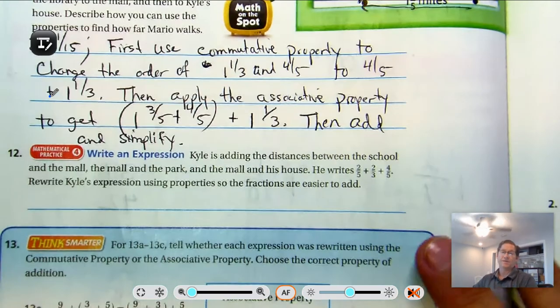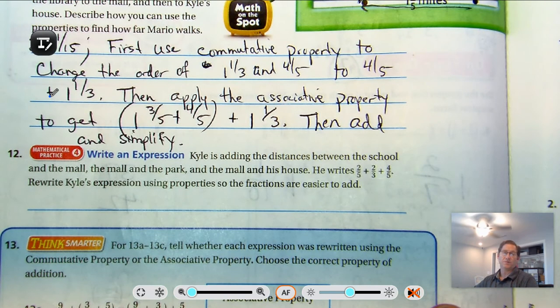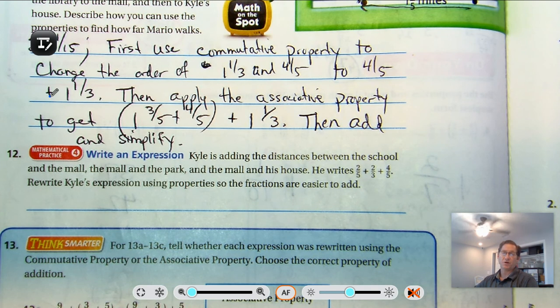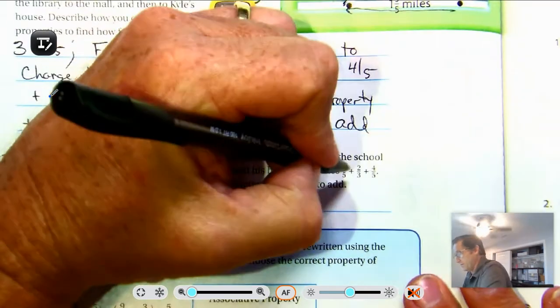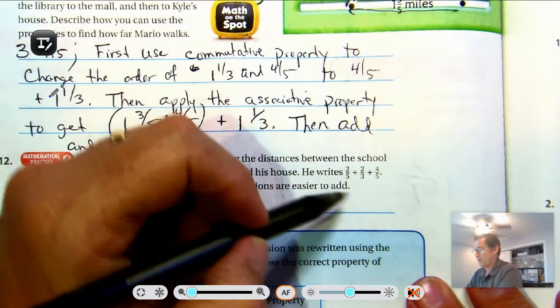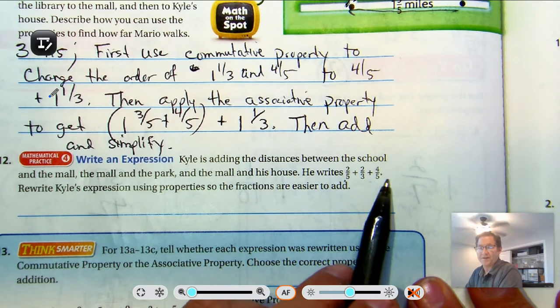All right, number 12. Kyle is adding distances between the school and the mall and the park, and the mall and his house. He writes 2/5 plus 2/3 plus 4/5. Rewrite his expression using properties so the fractions are easier to add. Okay, so if this is what he has right now, well, we want to add the fifths.